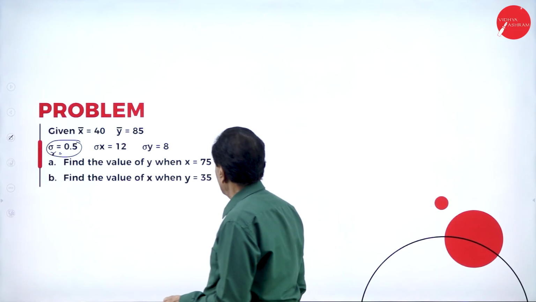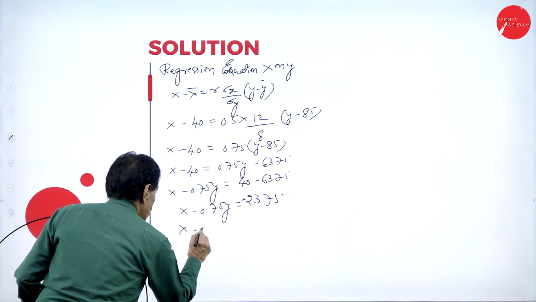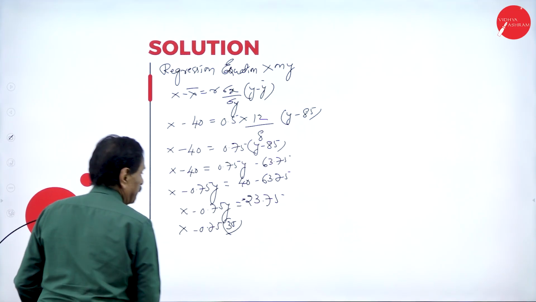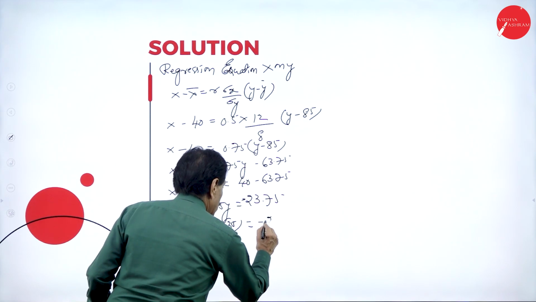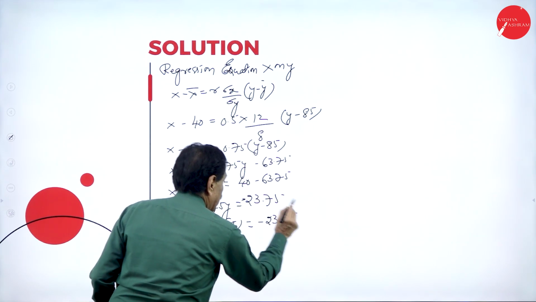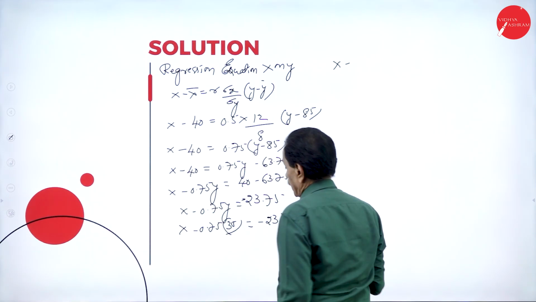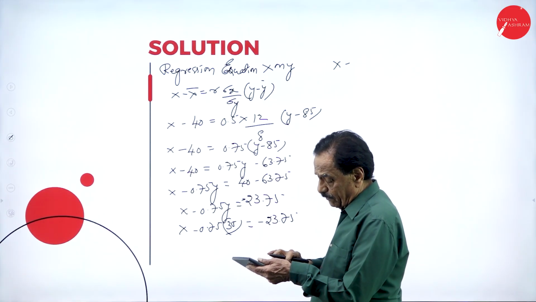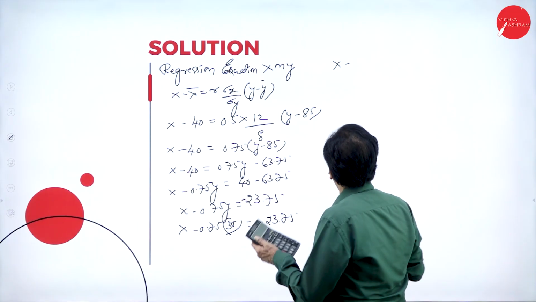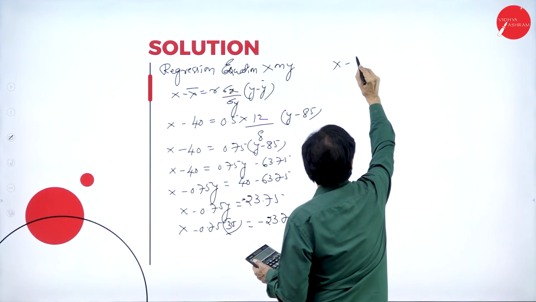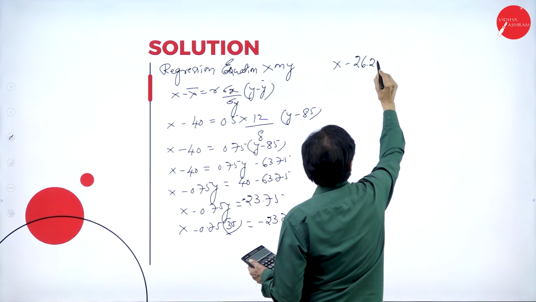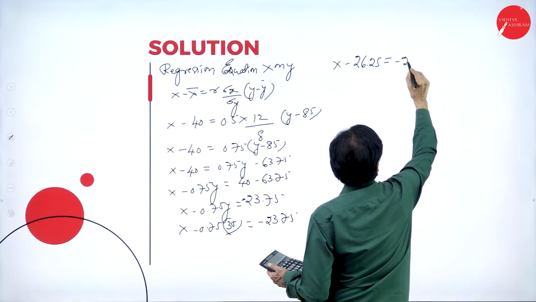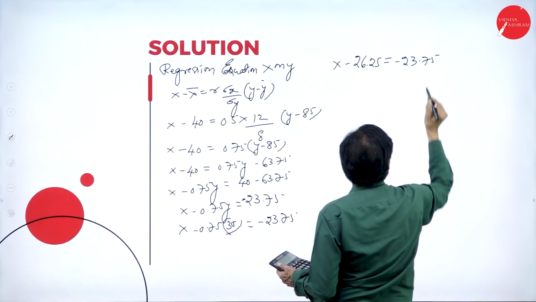When y is equal to 35, x minus 0.75y, into 35, is equal to minus 23.75. X minus 0.75 into 35, which is 26.25, is equal to minus 23.75.